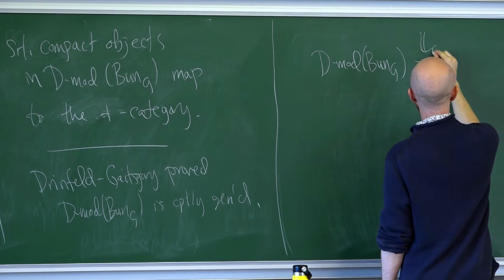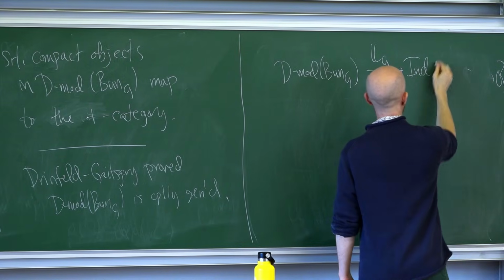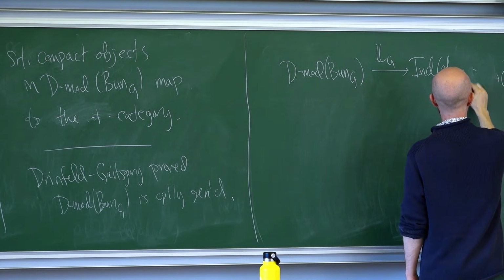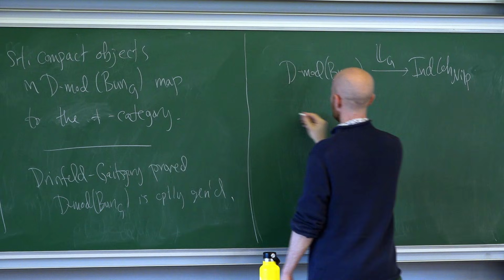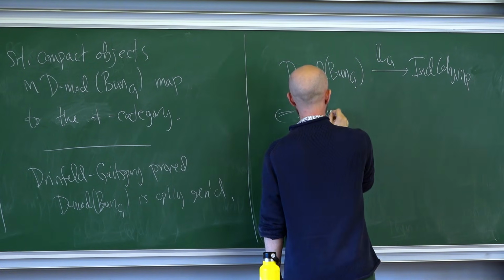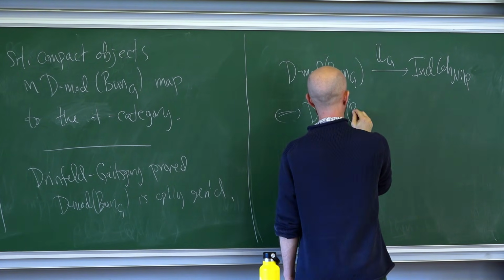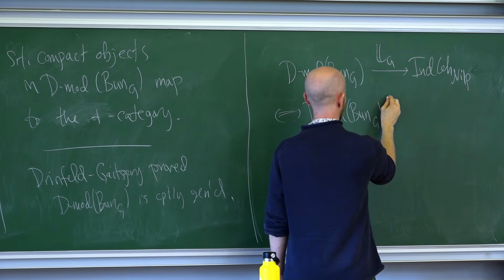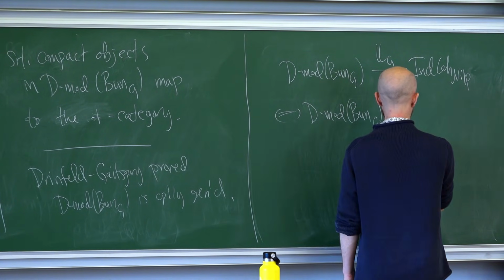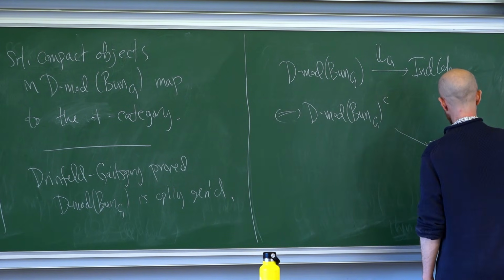Giving this functor LG to this end co-nilp is equivalent to giving a functor from compact D-modules on Bun-G to end co-nilp.